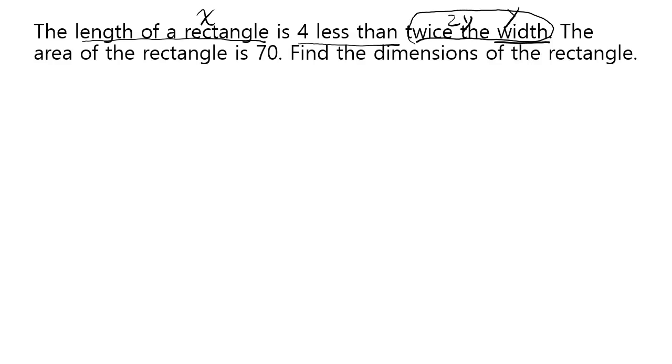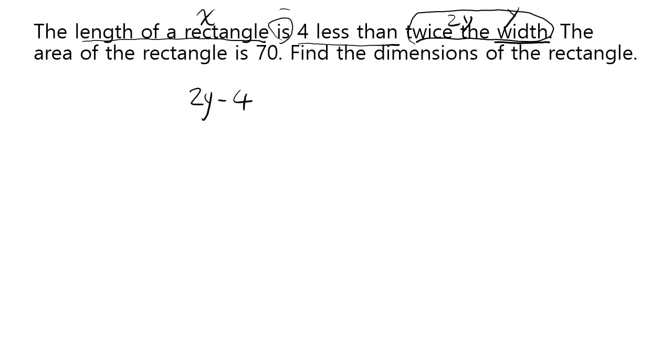And 4 less than twice the width: if this number is 10, what's 4 less than 10? That's 6. And what did you do with 4? You subtracted the 4 to get the 6, right? So just think of an example, and you'll be able to see that 4 less than twice the width would mean 2y minus 4.